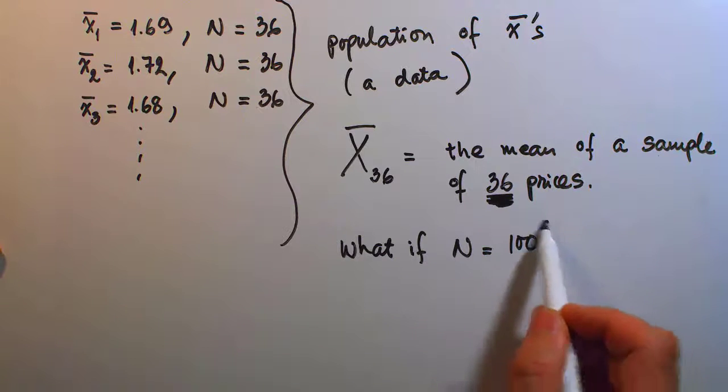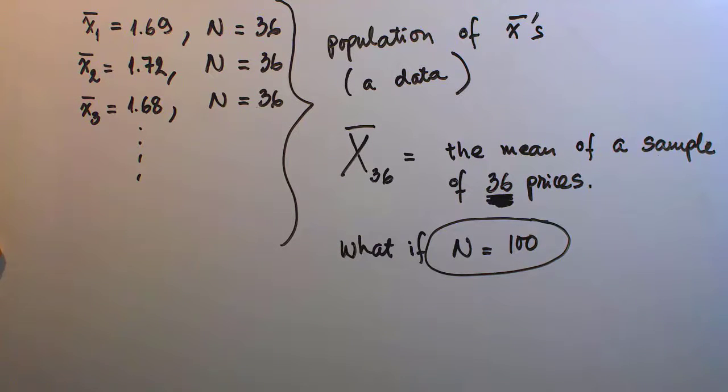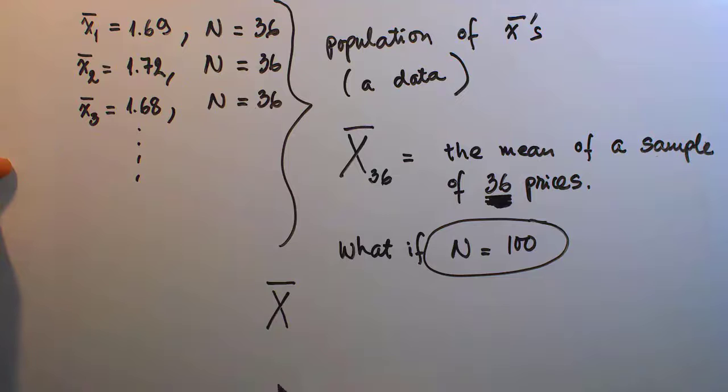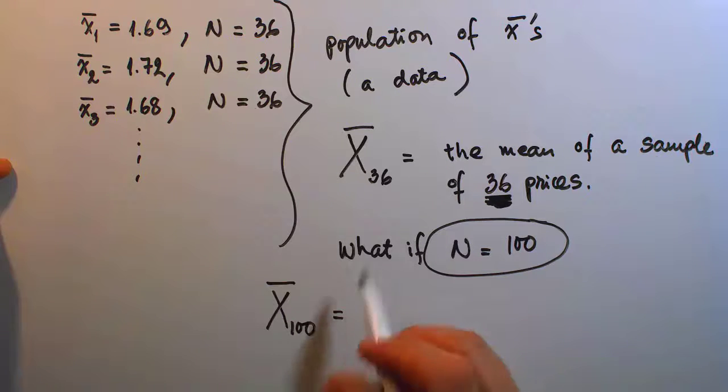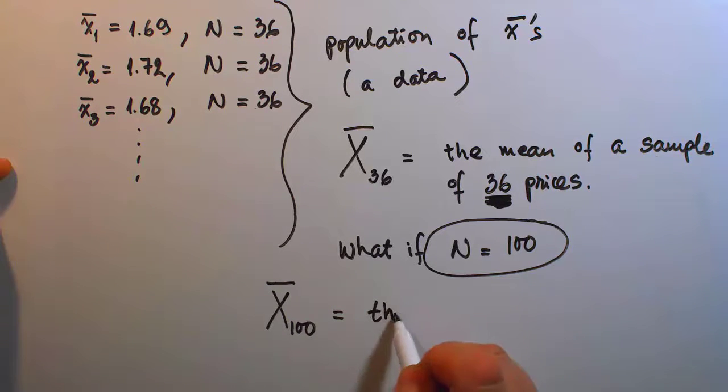So in that case, keep in mind that once we decide to use a different sample size, then every other sample in our sampling distribution has to be the same sample size. So here, if each sample has 100 prices as a sample size, then I'm going to use a capital X bar with a subscript 100, and that has quite a similar meaning.